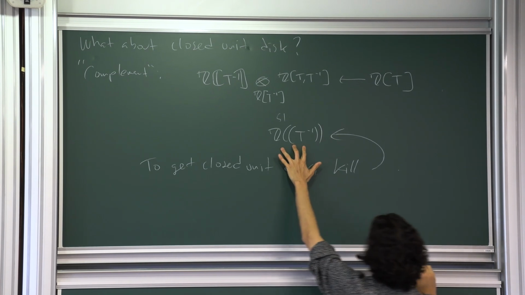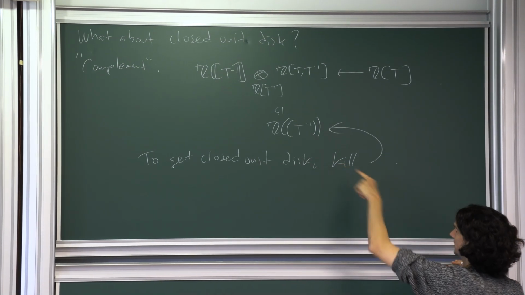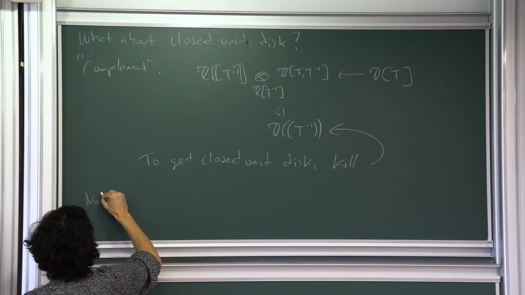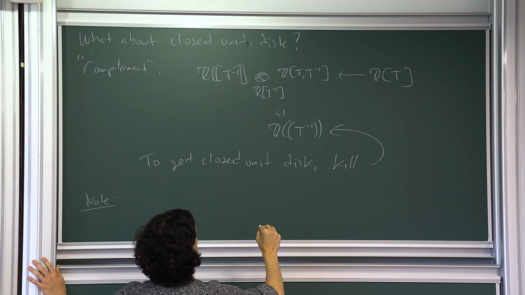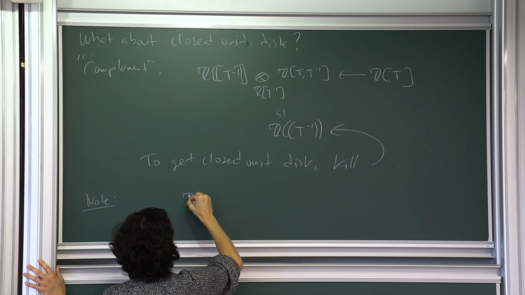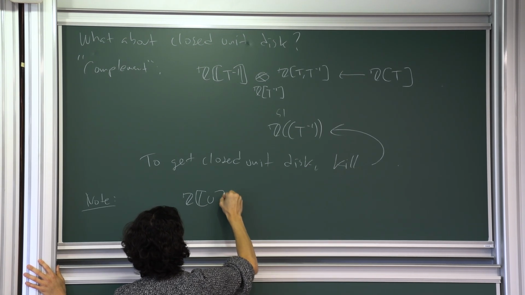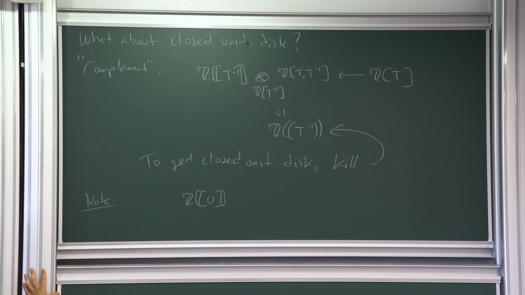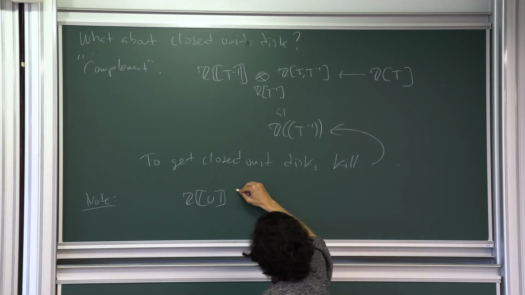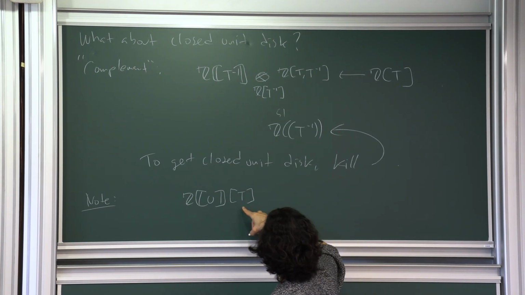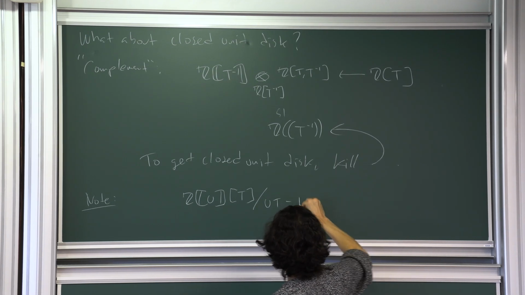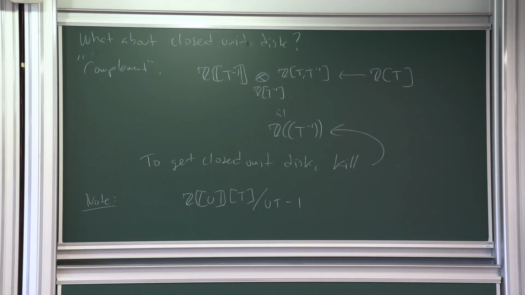So this Z((T^{-1})) is a module over Z[T] as I just exhibited. And it also has a very simple resolution. So note, Z[T^{-1}], let's disambiguate and call the variable u. We can think of it as Z[[u]] and then invert u. But one way to invert u is to adjoin the thing that you want to be the inverse, and then enforce the equation that says that they're inverse to each other.